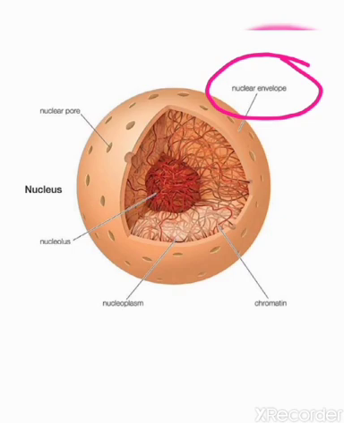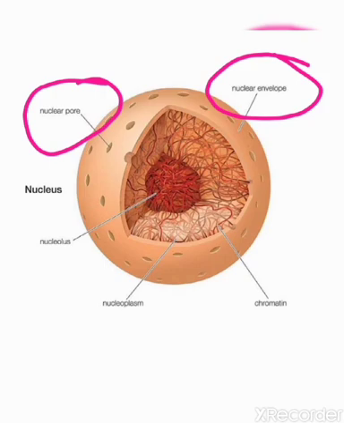Clear, children? And you can see in the structure, in this layer, the nuclear membrane contains so many pores, which are known as nuclear pores. Means the nuclear membrane has minute pores.